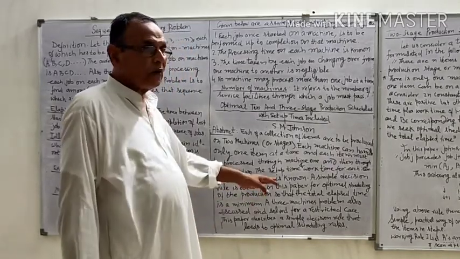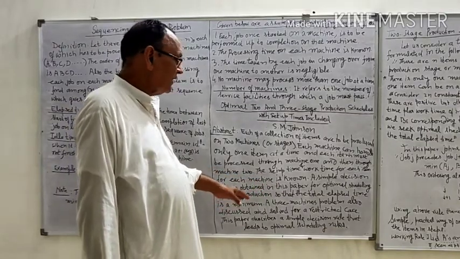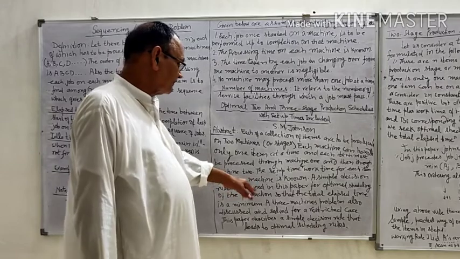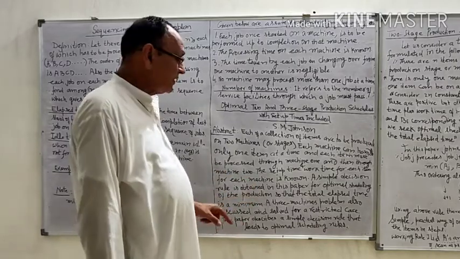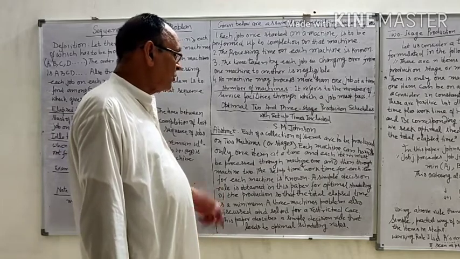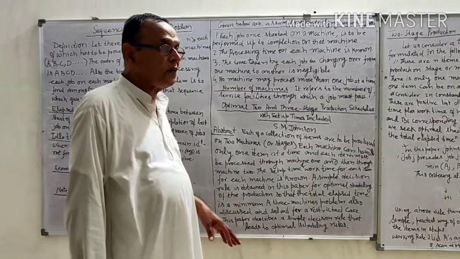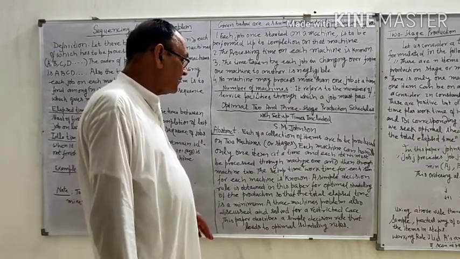A three-machine problem has also been discussed by S.M. Johnson in this paper, but a rule for three machines has been found only for a restricted form or a restricted case.